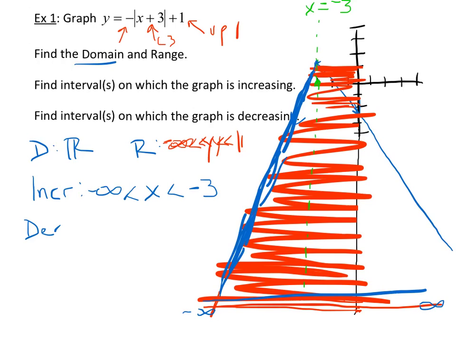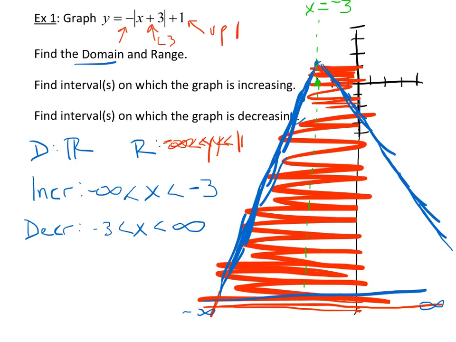Finally, I know I'm going to decrease right over here from negative 3 all the way to infinity. When I'm talking increasing and decreasing, I'm going to use the x because everything refers back to x values. This x value right here and these right here on either end, the negative infinity and the infinity.